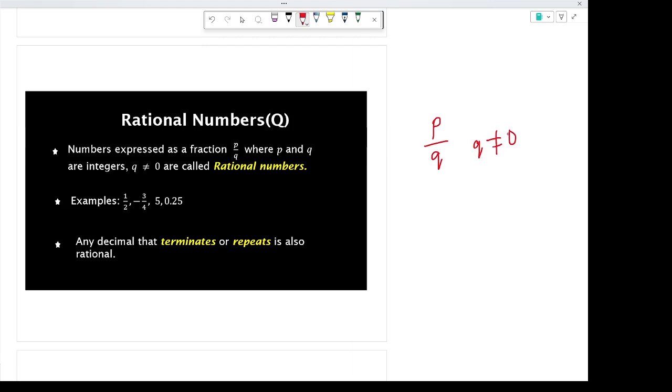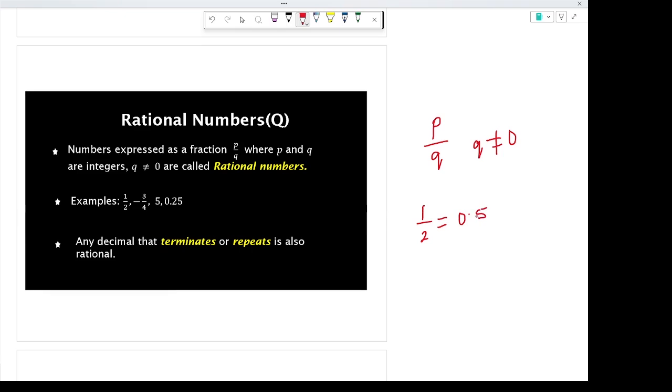Examples, as you can see, are 1/2, -3/4, the number 5, and 0.25. Any decimal number that terminates or repeats is also a rational number. If, for example, we have 1/2, we know that the answer is 0.5.